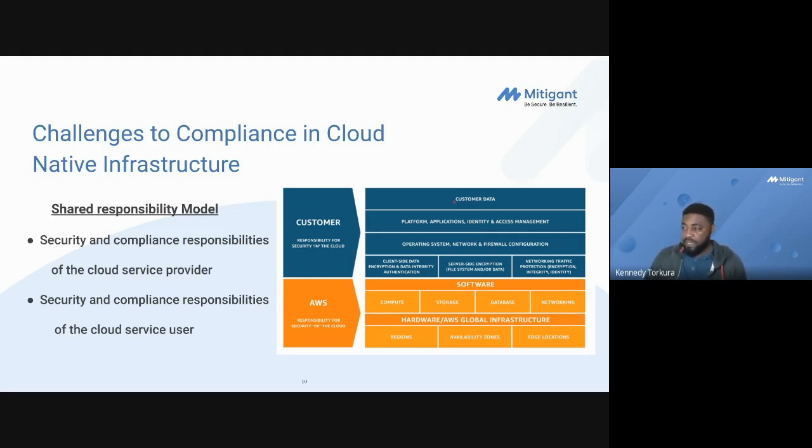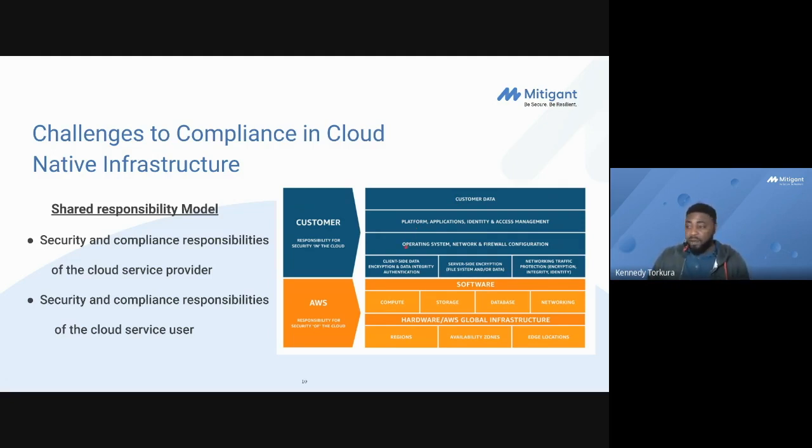So customer data is entirely what you should take care of, whether that data is for your employees or for your customers. In case you're offering a service, the security and compliance of all that data is part of your responsibilities. Other things that you should take care of: platforms, applications, identity and access management, operating systems, network and firewall configurations.